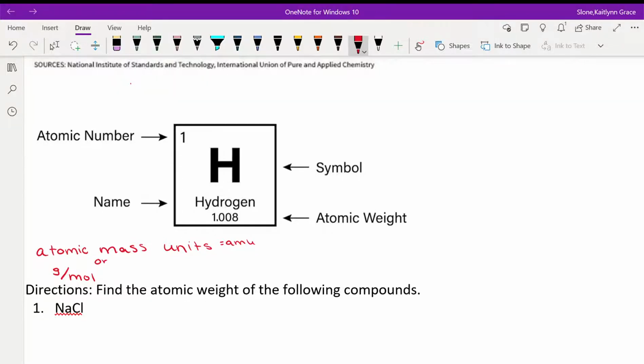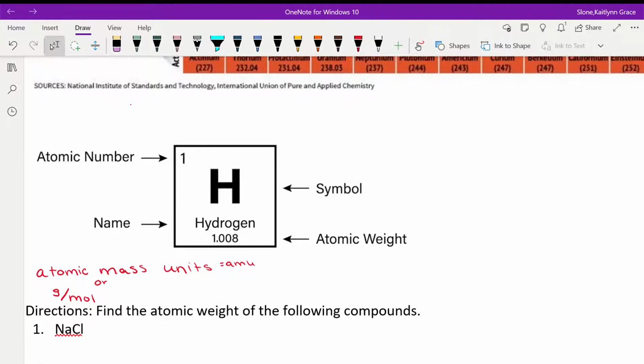Now, atomic mass units are very, very small weights. I actually looked up what one atomic mass unit weighs in pounds. One atomic mass unit is equal to 3.6 times 10 to the negative 27th pounds.